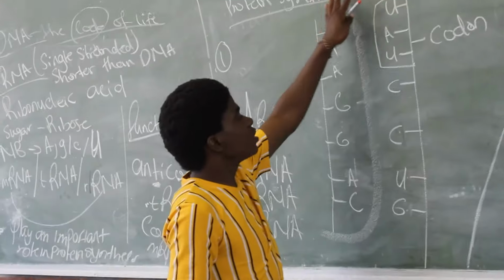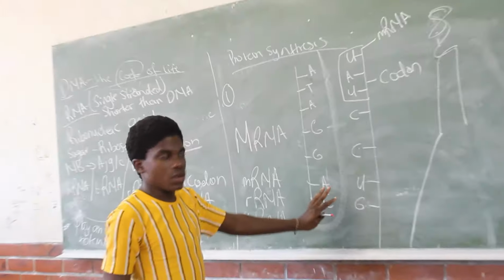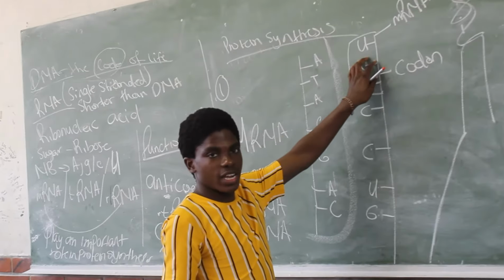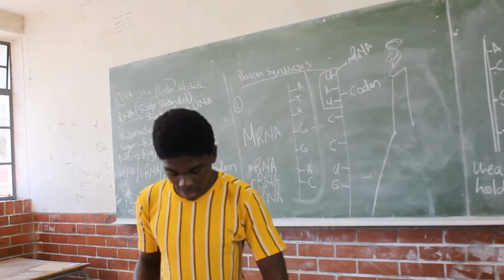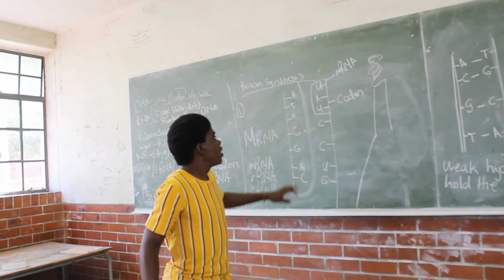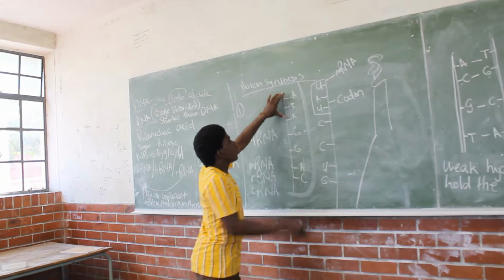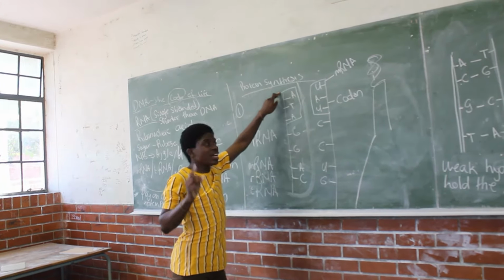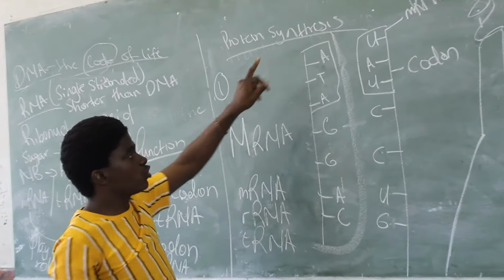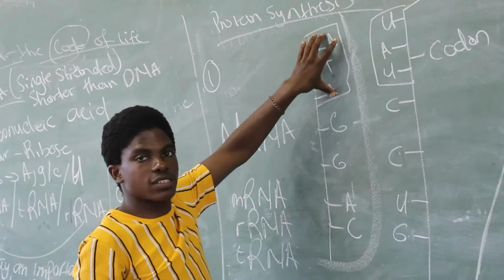Okay, since this is done, we have our messenger RNA. What does it do now, since it has been formed? So, this is the code. Remember I said DNA controls protein synthesis. This is the code.